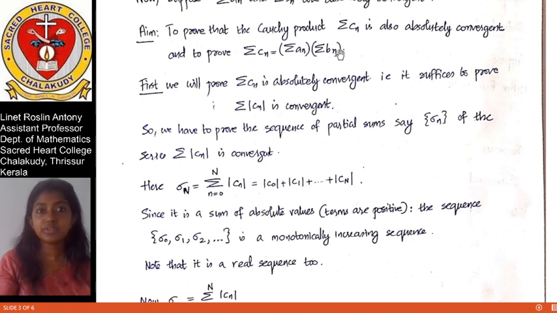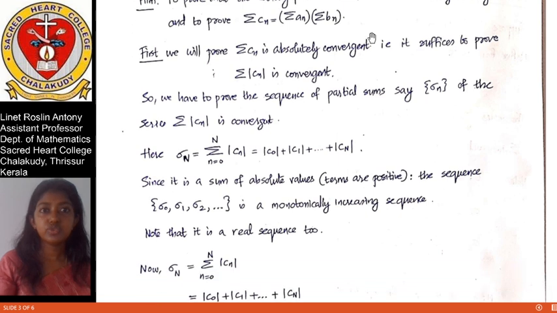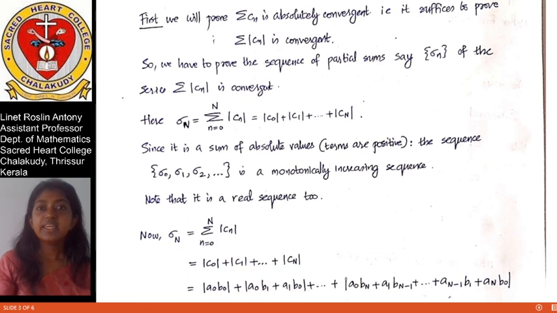So we have two things to prove. Firstly, we will prove that the Cauchy product, summation Cn, is absolutely convergent. To prove that, it suffices to prove that summation modulus of Cn is convergent. That is the basic definition of absolute convergence of a series. So we have to prove that.